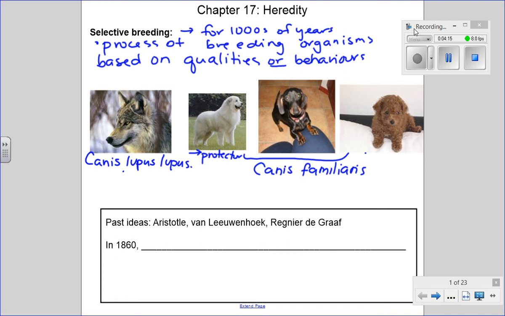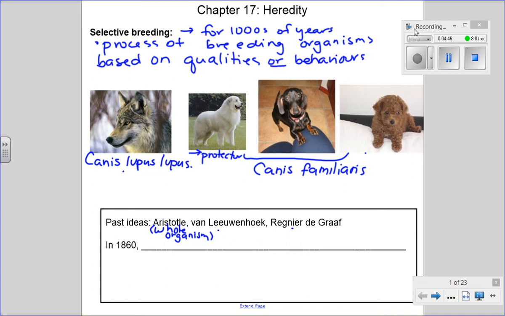And now that we know a little bit more about how heredity works, selective breeding can get a whole lot easier. So there are some people that have had some ideas in the past. In the past, scientists and people have thought that, first of all, somehow the whole organism just had its characteristics and they didn't come from anywhere and evolution wasn't a thing.